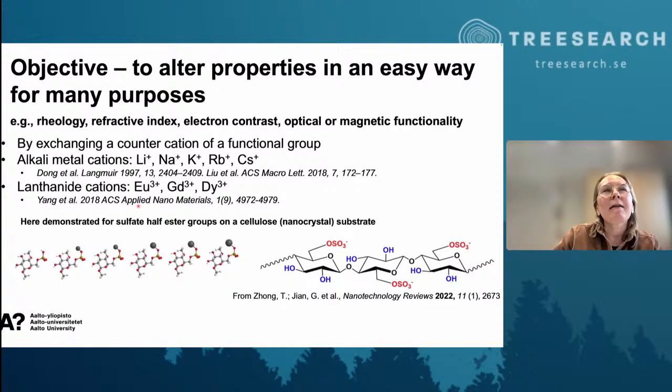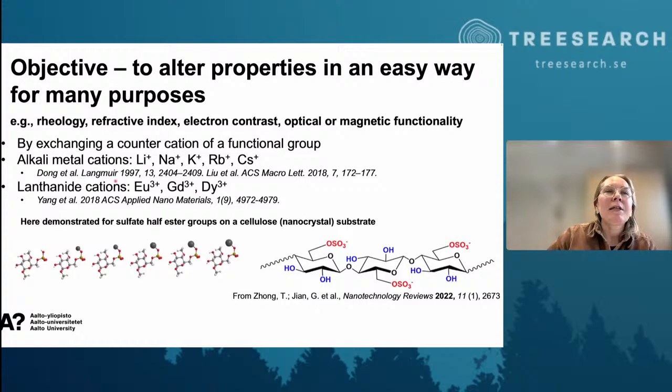Another set of cations that we have worked with is a little bit more special one, the group of lanthanides. These are elements that have a lot of interesting optical and magnetic properties, like luminescence or any kind of emission of light.